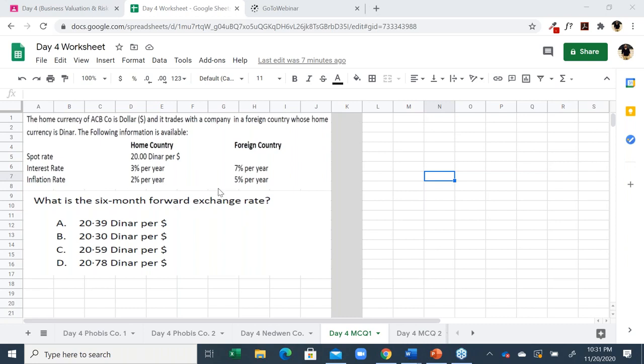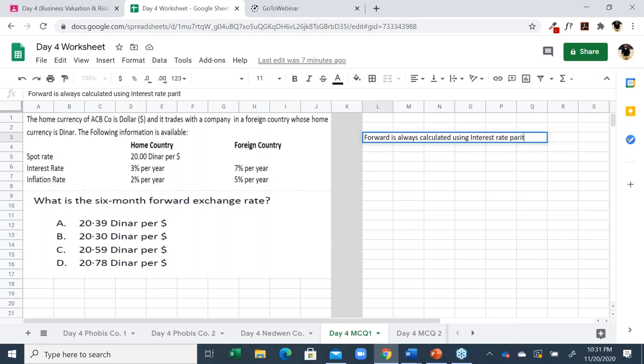Okay, now how to calculate a forward rate? Remember, a forward rate is always calculated using interest rates, the interest rate parity theory.